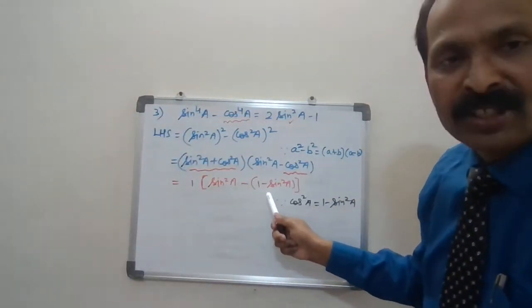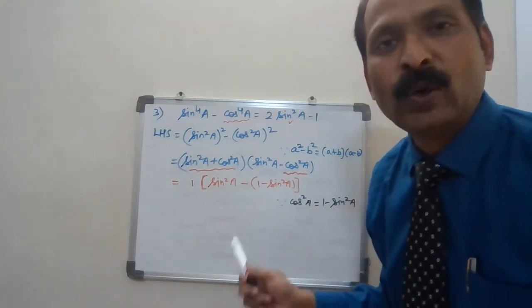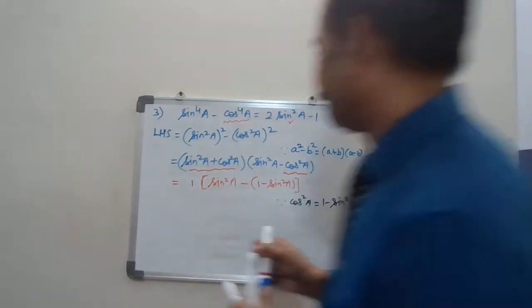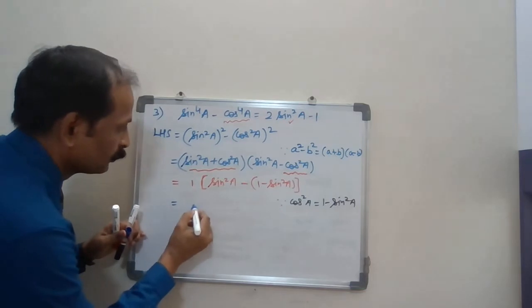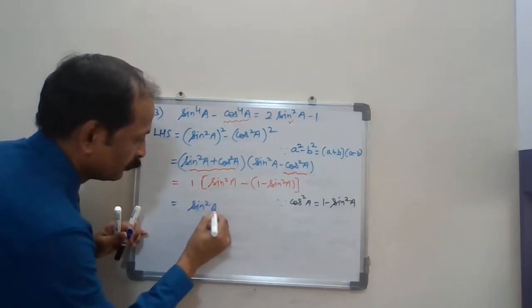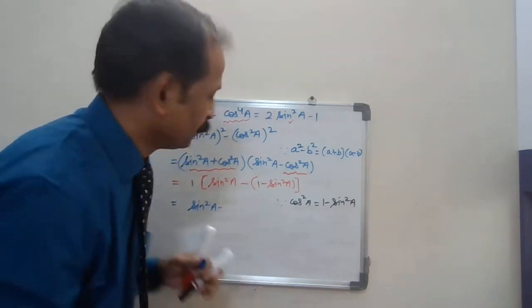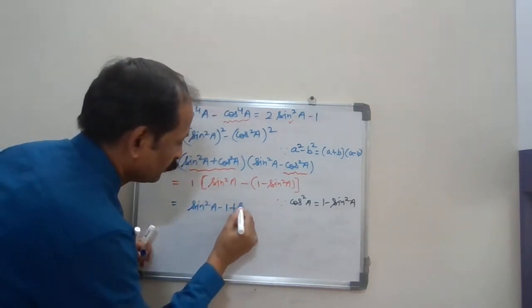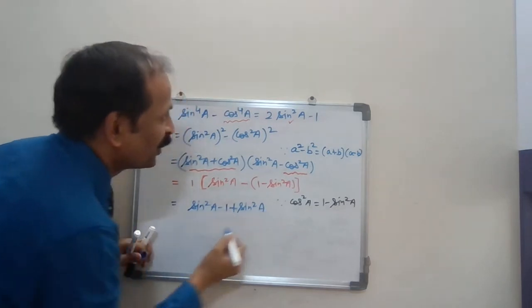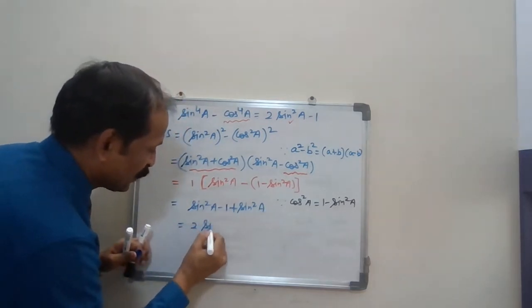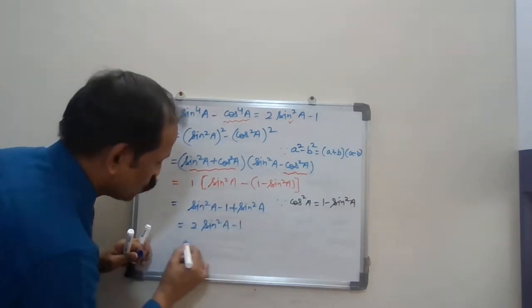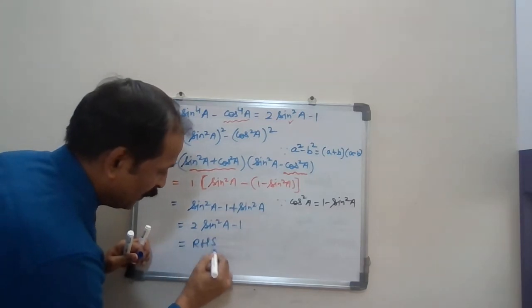Because some children make mistakes of sign and they lose their marks. It's better to increase steps rather than getting it wrong. And you got your answer. So 2 sin square A minus 1, which is your RHS.